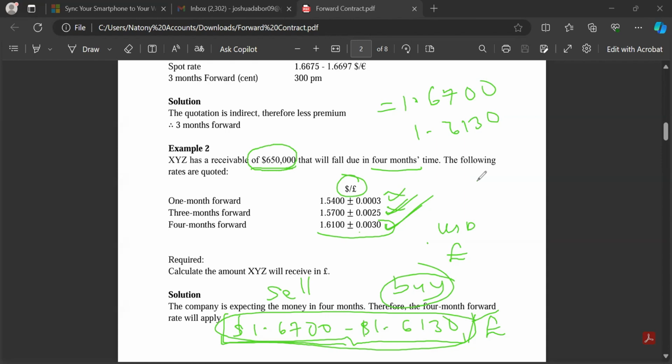So for an indirect quote, you divide while converting to the local currency.